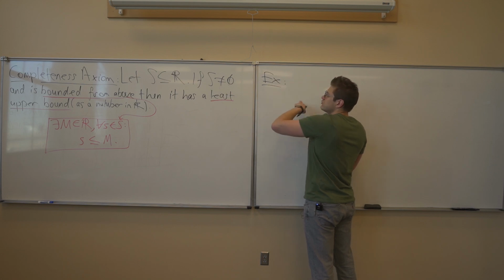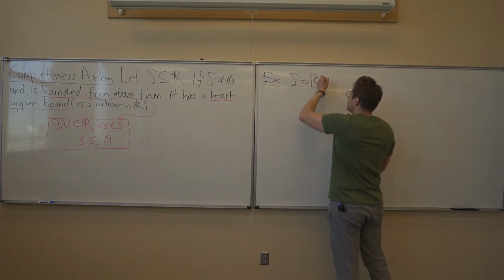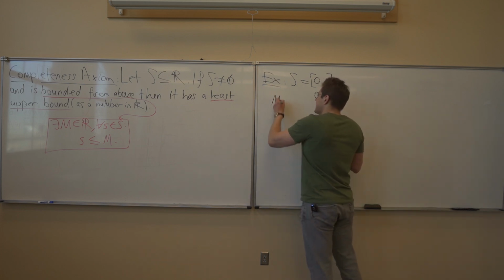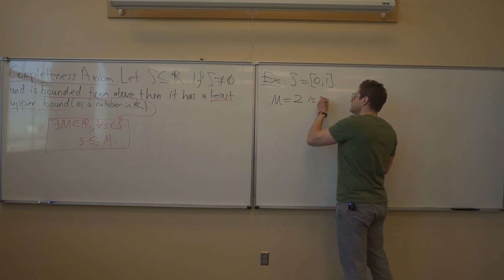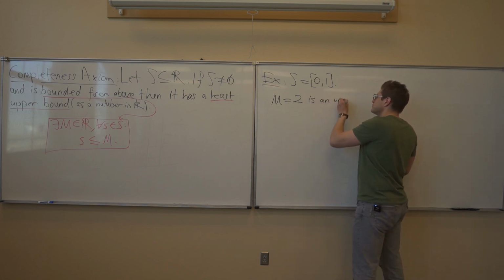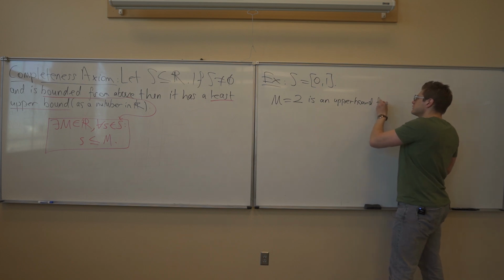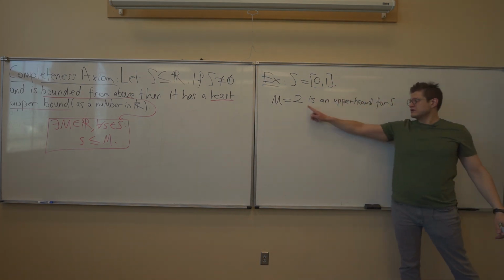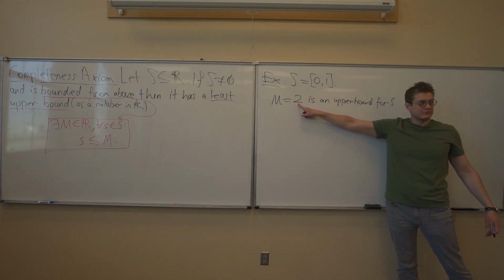Example. Let's say that my S is the closed interval from 0 to 1. M equals 2 is an upper bound for S. Any number between 0 and 1 is bounded from above by 2. It's not the best upper bound, but it is an upper bound.